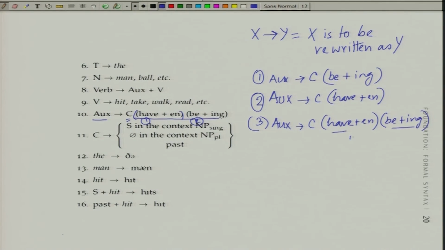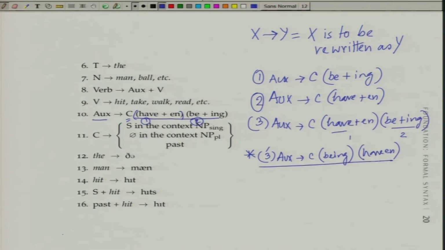That is, this is 1, this is 2. What is banned is this. If I choose both, I cannot have this combination. This is not allowed. So the brackets mainly tell us a few things.